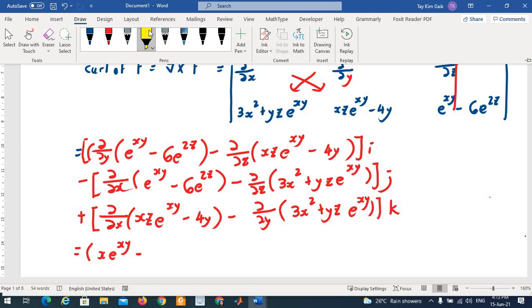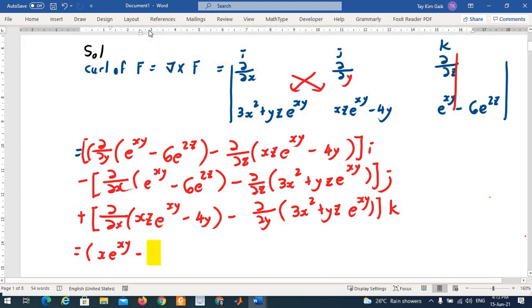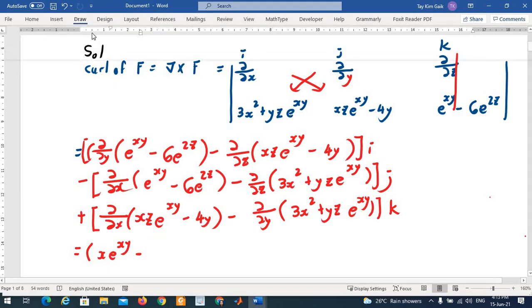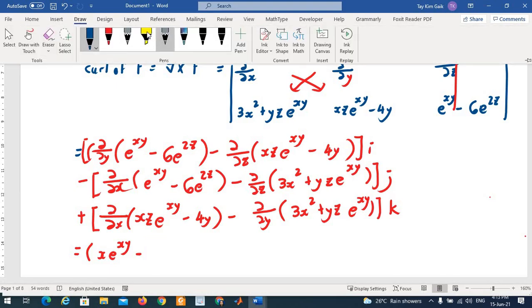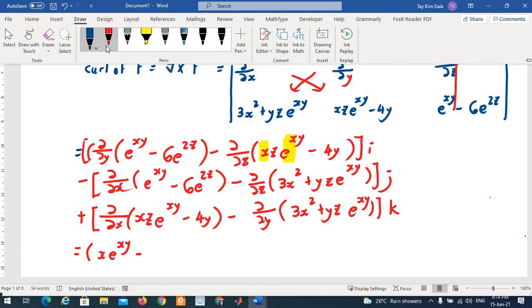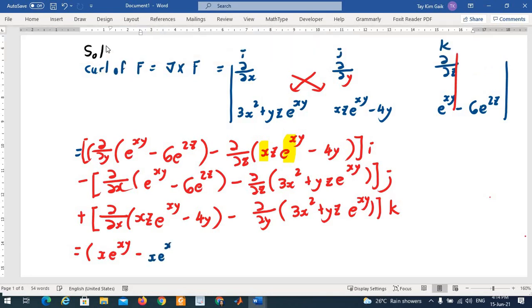So you get exactly x e^(xy). And del z of negative 4y is 0. So x e^(xy) minus x e^(xy), component i is 0.